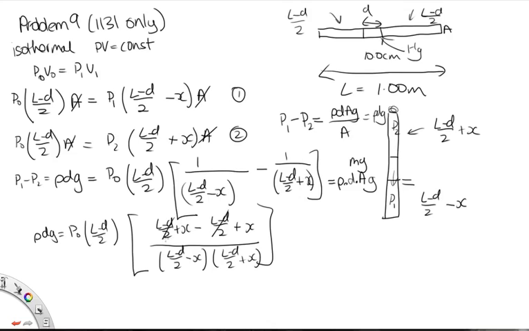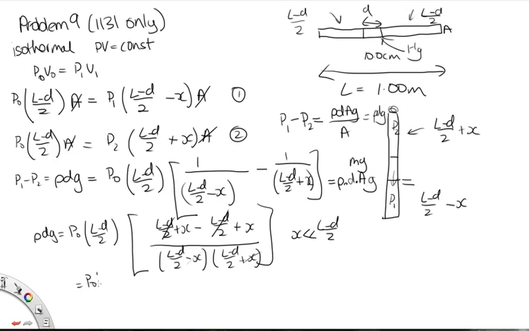So these cancel out and we've got 2x on the top. Now, we can make an approximation because we know that x is less than L minus d over 2, and it should be quite a lot less. x is by how much it moves, so it's only going to move by a small fraction of this length here. So this is small compared to that, and we can just ignore these.